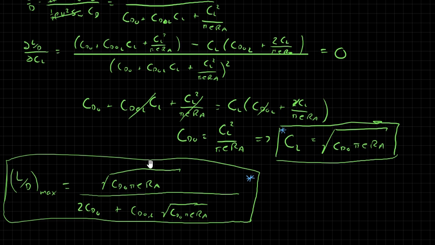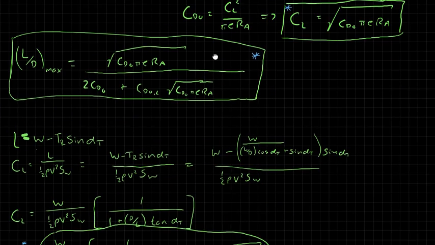Now something to point out, and I didn't point this out earlier, but notice that the L over D max is not a function of the airspeed. It is only a function of the design of the aircraft. So CD naught is a fixed parameter for an aircraft. Aspect ratio is fixed. Oswald efficiency factor is fixed. All of these things are fixed design parameters. So for an aircraft, the L over D max is a single value regardless of the airspeed that you're flying at, or the flight condition. Anyway, we found the L over D max and the lift coefficient at which it occurs.